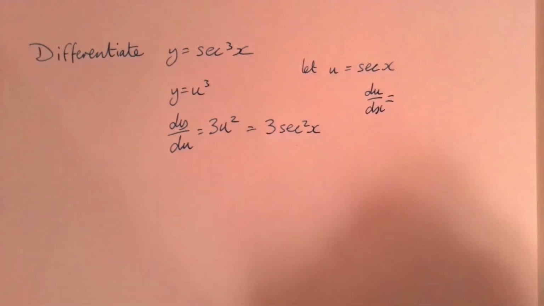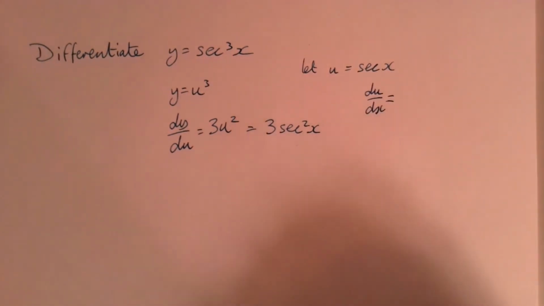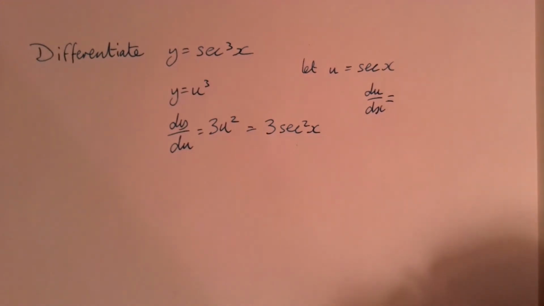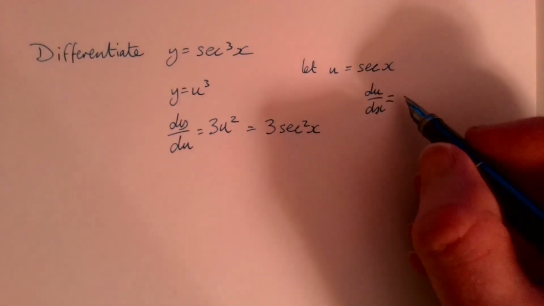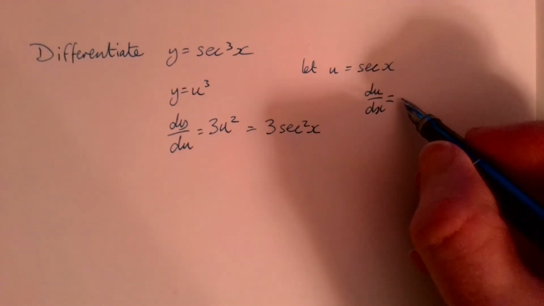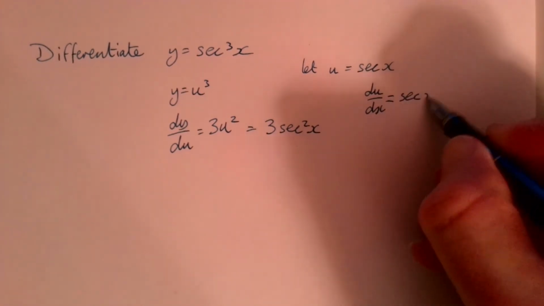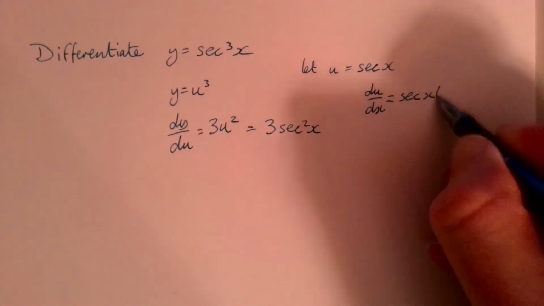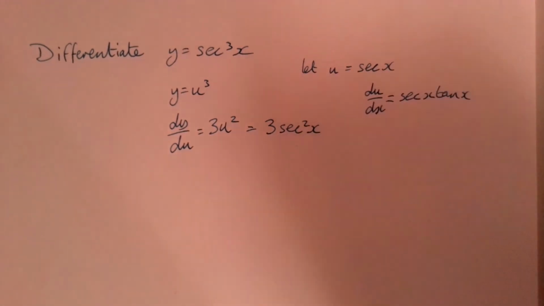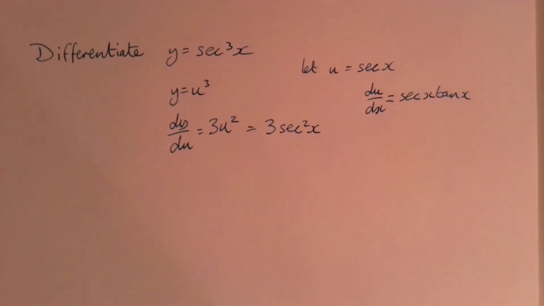So if we've got u equaling sec x, then we can say that du by dx equals, and this is time to look back in your formula books again, and it tells us that sec kx differentiates to k sec kx tan kx, so we don't need to worry about the k's because we've just got sec x, so that differentiated is sec x tan x. So what have we got?